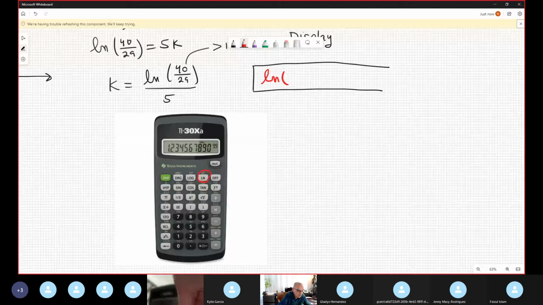Okay, it's clear. And then I press LN and it says error. The problem is that your calculator is different. I don't know. No, they are different calculators.